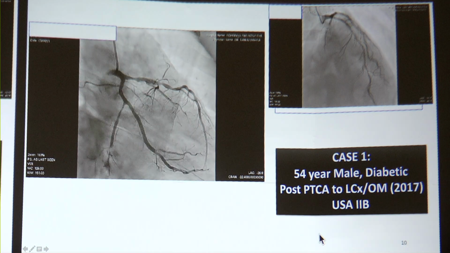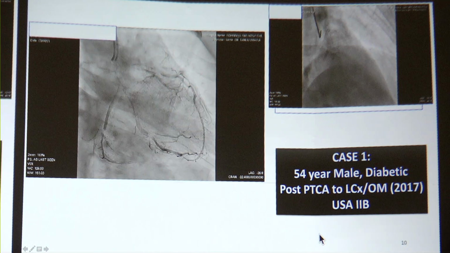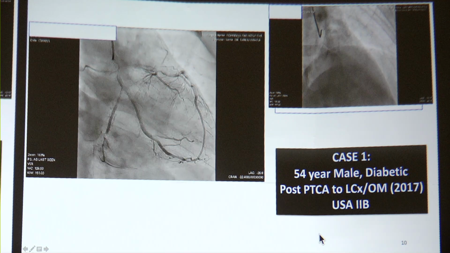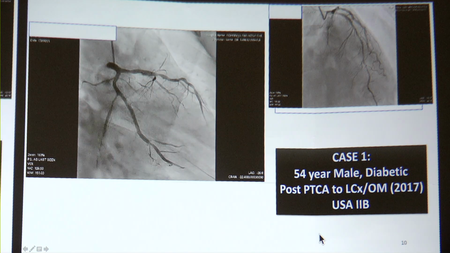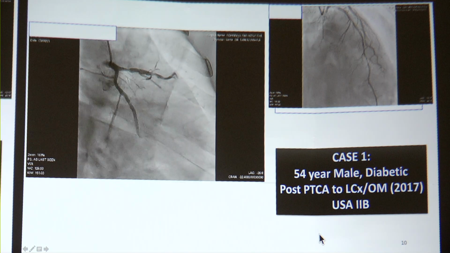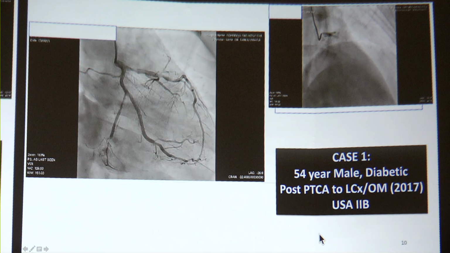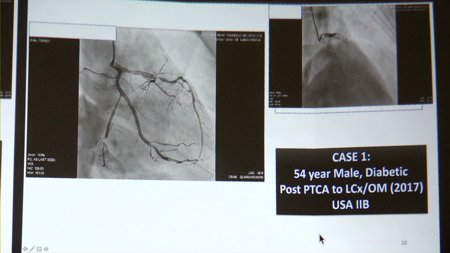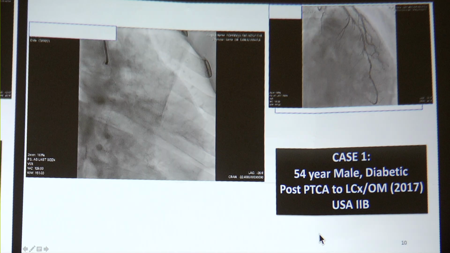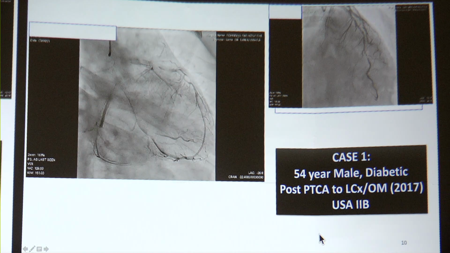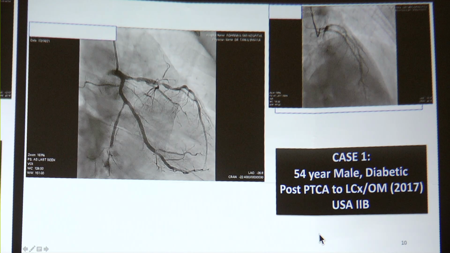This was a 54-year-old diabetic male, post-angioplasty to LCX and OM. He presented to us with unstable angina. The stent in OM was patent. The vessel distal to the stent in LCX had critical disease, but the myocardial value of that territory is not great. You can see an ostioproximal LAD lesion, and in the epicardial view, you can see the tandem lesion in mid LAD.